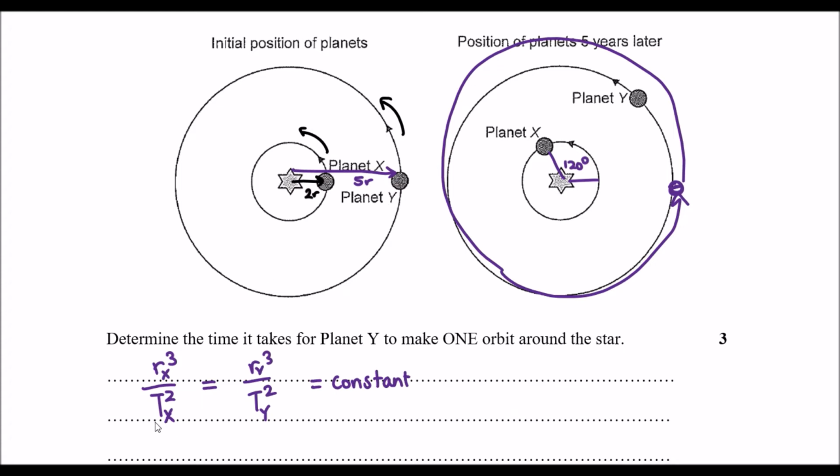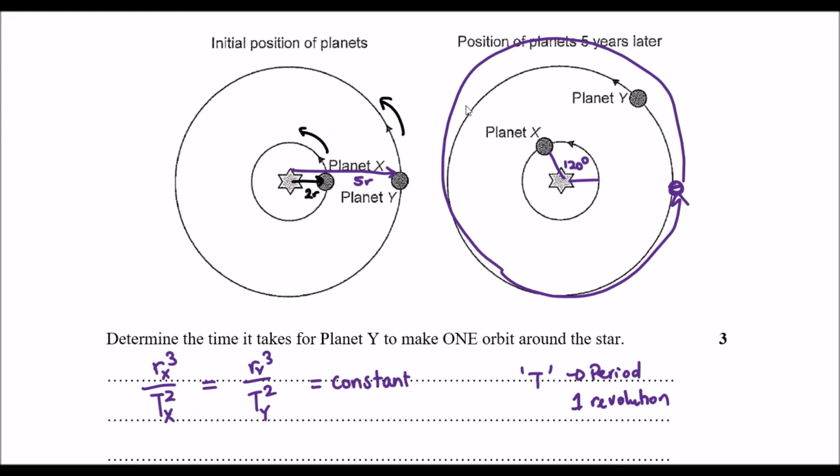So the first thing is, remember, capital T represents the period. So the time it takes for one revolution to occur, so one complete 360 degree circle. Now the information we have here, as you can see, is that after 5 years, it's gone 120 degrees. What that tells us is that's not the total time taken for one revolution, but a third of it.